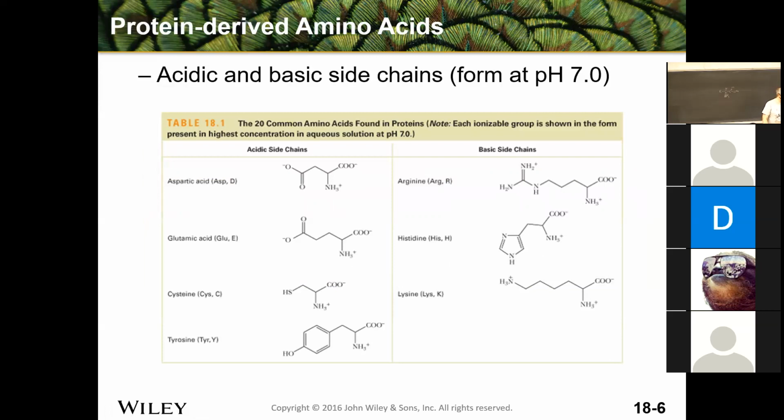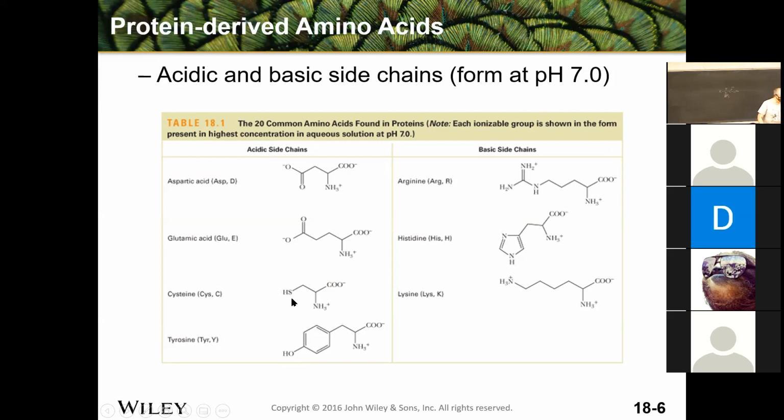Some of the amino acids have acidic or basic side chains. On the left, we have the ones with the acidic side chains. And these include aspartic acid, and at pH 7, this is predominantly ionized. Glutamic acid, cysteine.